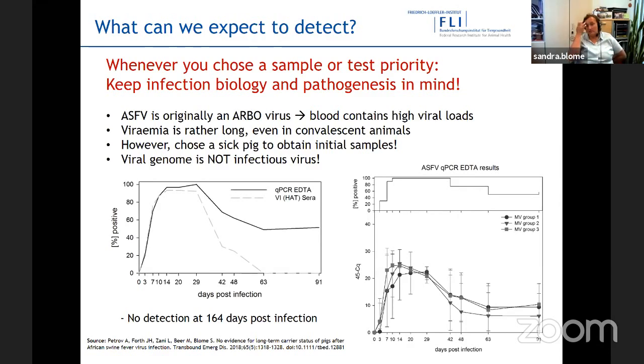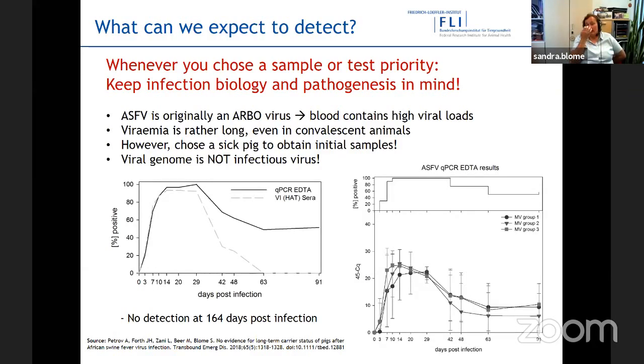You see that between day 7 and 40, all animals were positive for viral genome. And then the percent positivity decreased to roughly 50% until day 90. Day 90 is rather long, but we also followed the animals further on, and there was no detection at 164 days post-infection. So these animals can still recover completely.